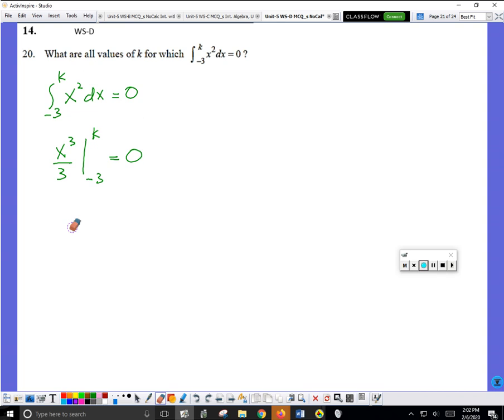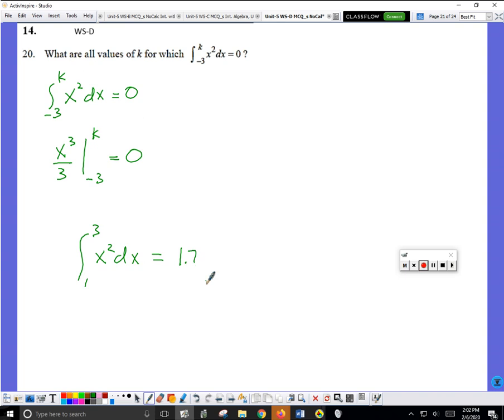Honestly, the habit I want you to have is every time you draw a line, you've got to have an equal sign, and you need to pay attention. Is it truly equal? That's all. Don't do this. Somebody on the last test, maybe I showed you, they wrote the integral from like 1 to 3 of x squared dx, and they used their calculator because it was a calculator test, and they got something like 1.7.